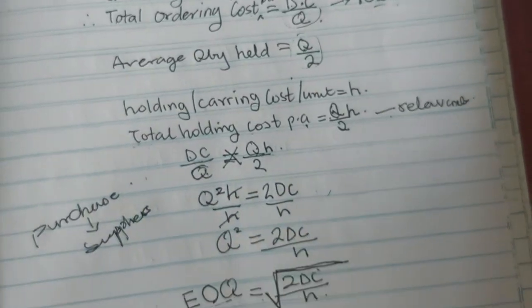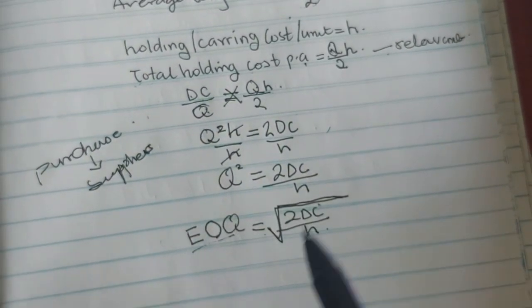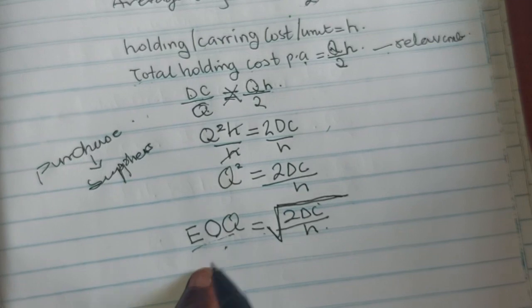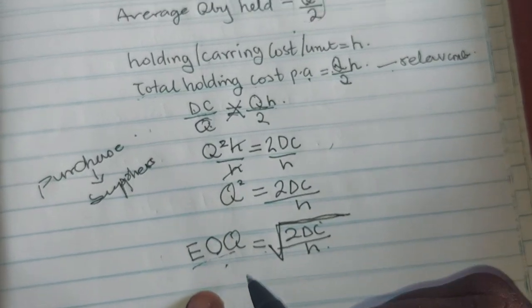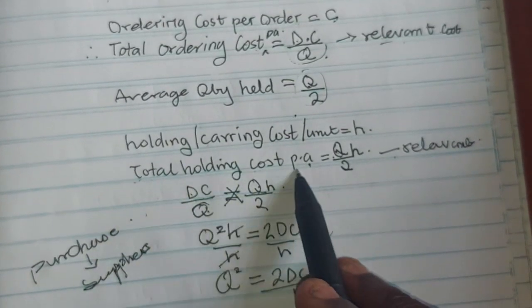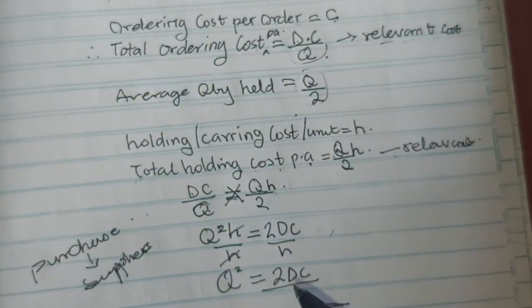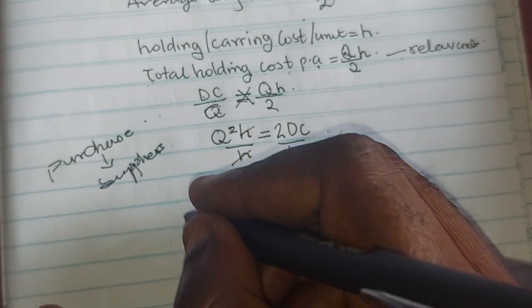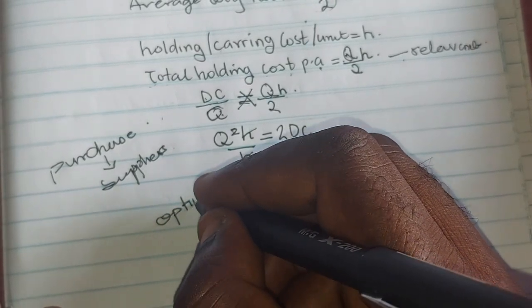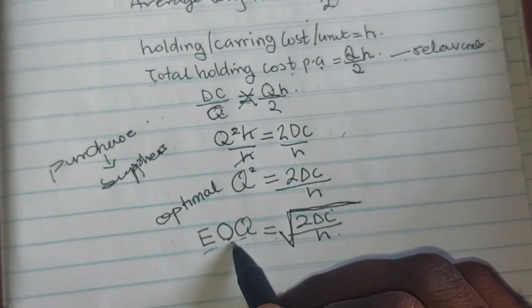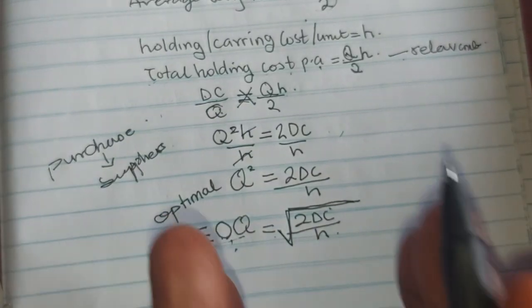So if you want to determine your optimal quantity, we only work on the total holding cost and the total ordering cost. All right. So this will give us the optimal quantity that gives the minimum cost.